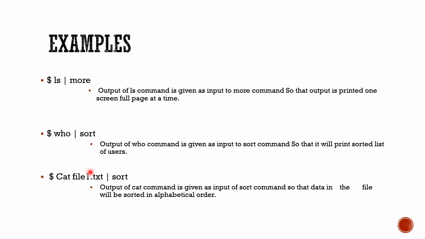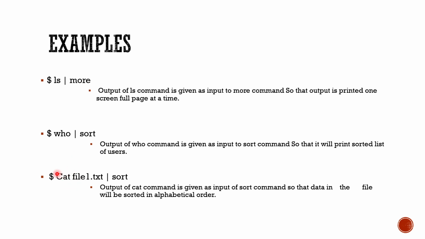The output of the cat command will be given as the input of the second command, and after its execution, the sorted details of the students' names will be displayed. The output of the cat command is given as the input of the sort command, so that the file is displayed in sorted alphabetical order.